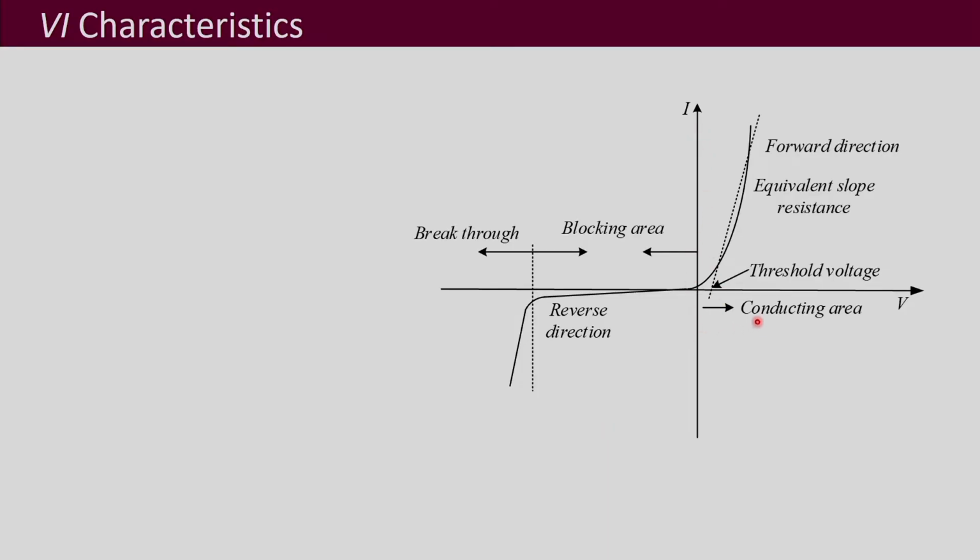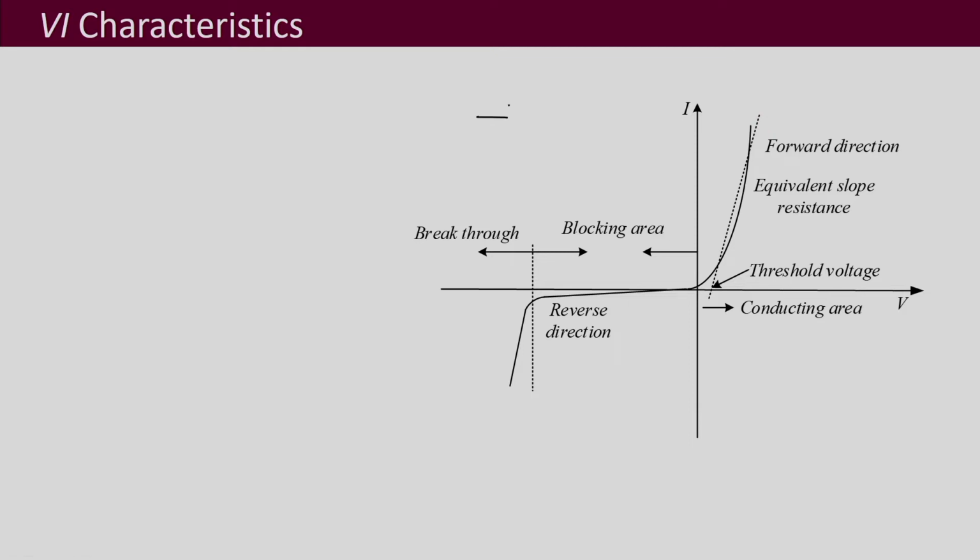In a diode, when it is going to be on, there is a small threshold voltage which it has to exceed, and then after that the current in the diode starts to increase.